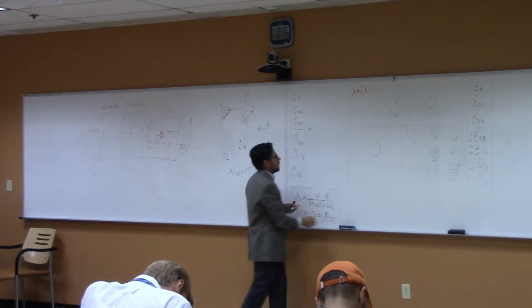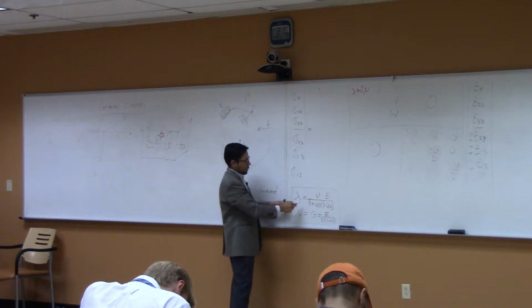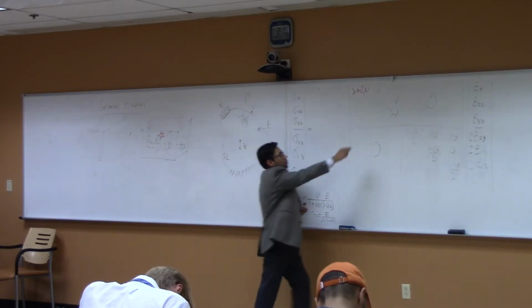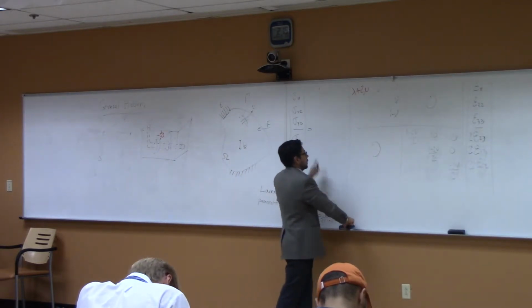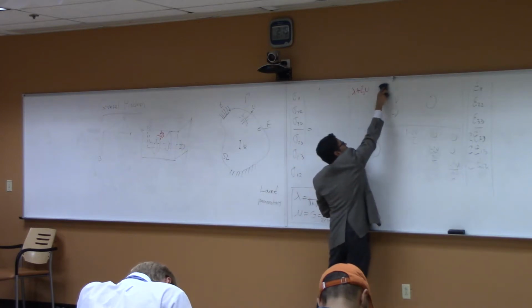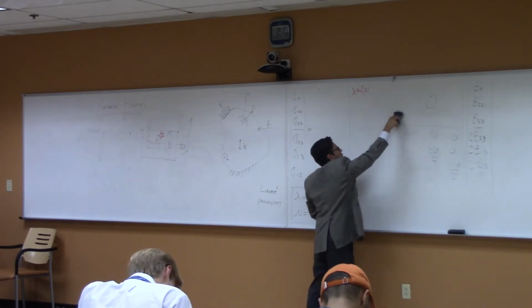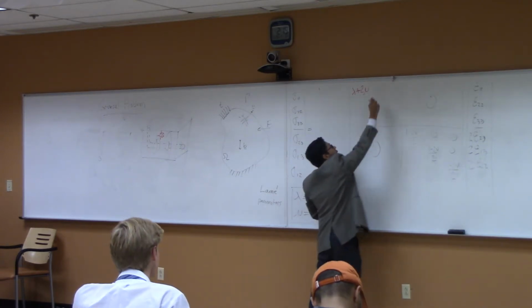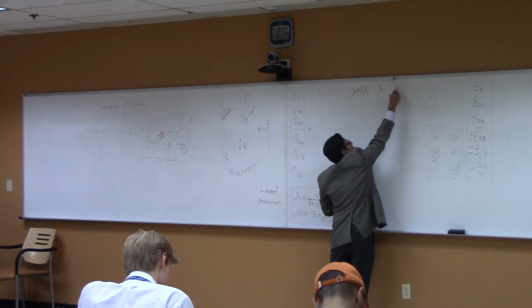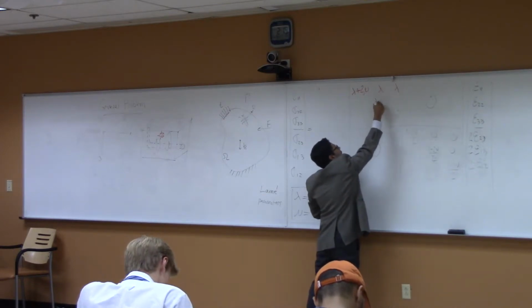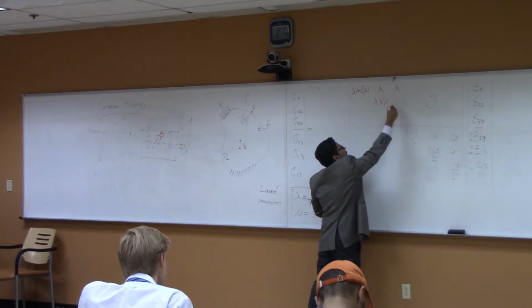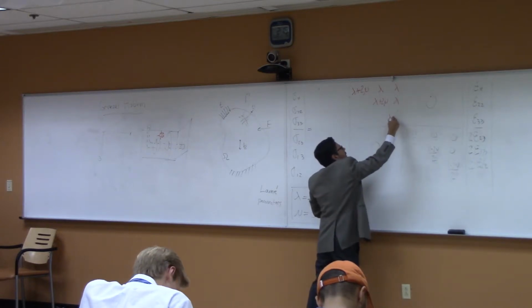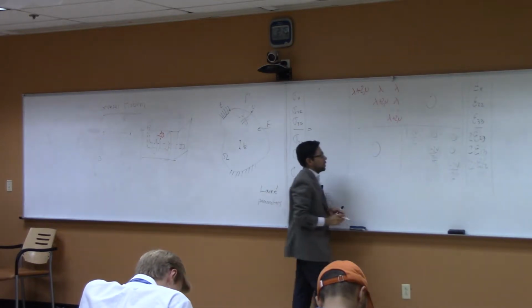And notice that here now we have this lambda, just the Poisson ratio of the number that I had before. So it's just going to be lambda, and lambda plus 2 times the shear modulus.